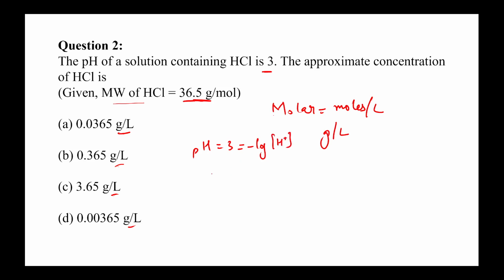So to calculate the H plus ion concentration, you can directly write 10 raised to the power of minus 3.